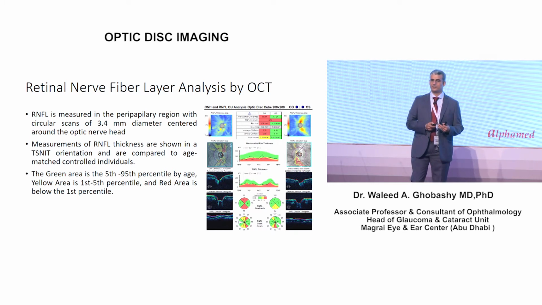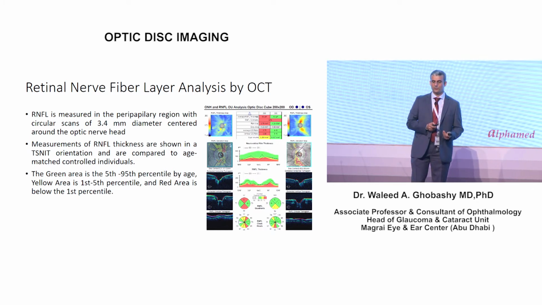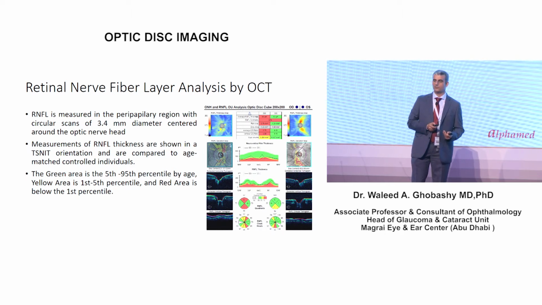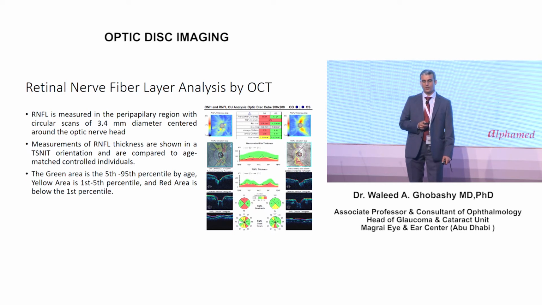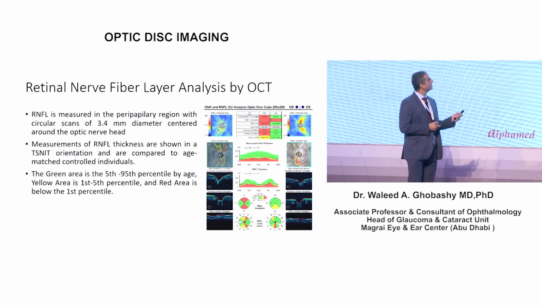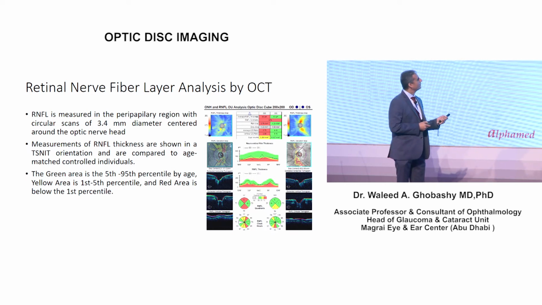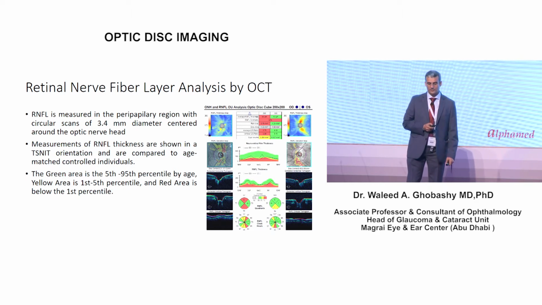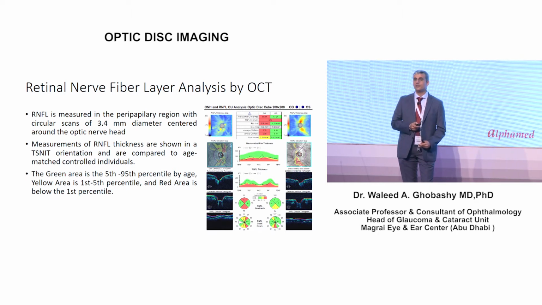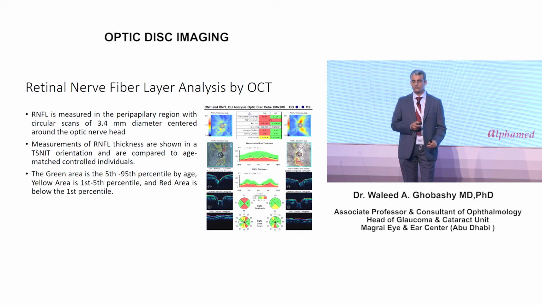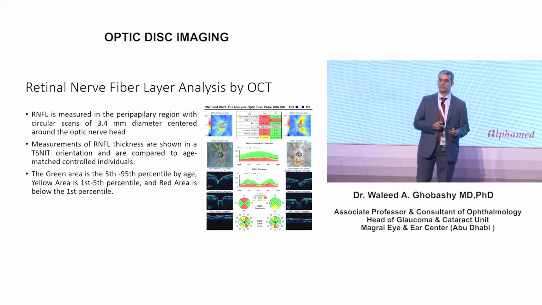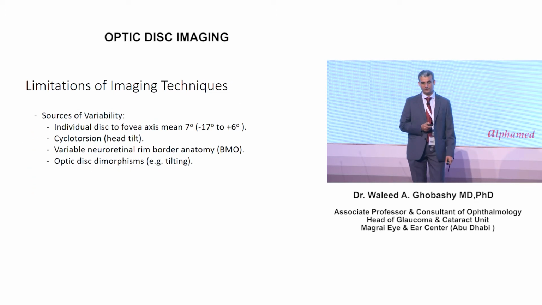The green area is normal, between the 5th and 95th percentile, yellow areas are between the 1st and 5th percentile, and finally abnormal is less than the 1st percentile, which is not fitting for all patients but is related to the normative data inside the machine.